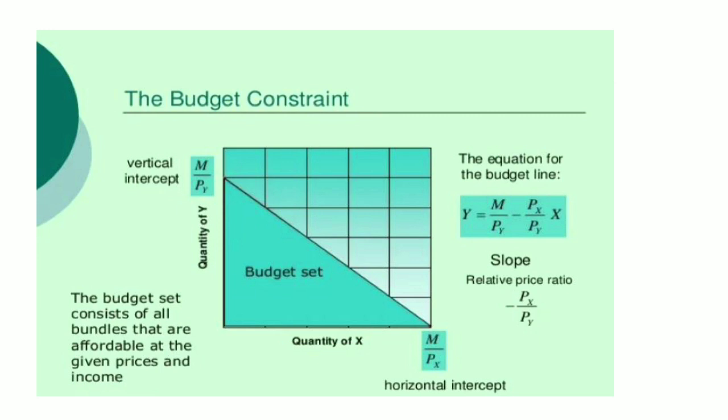The equation for the budget line is y equals m over py minus px over py times x. The slope is the relative price ratio, and the horizontal intercept is m over px. So those are what we can see in the budget set.